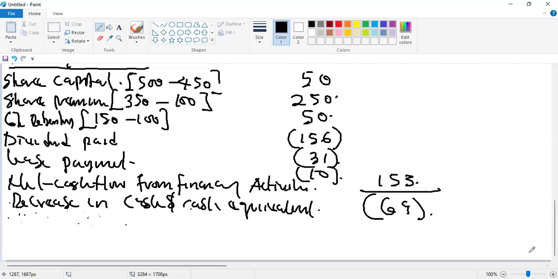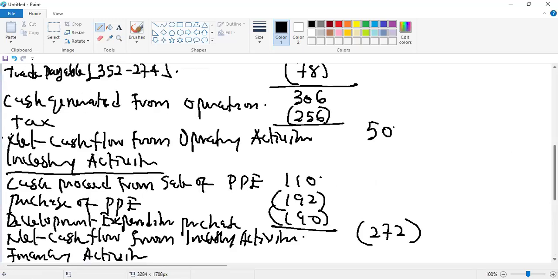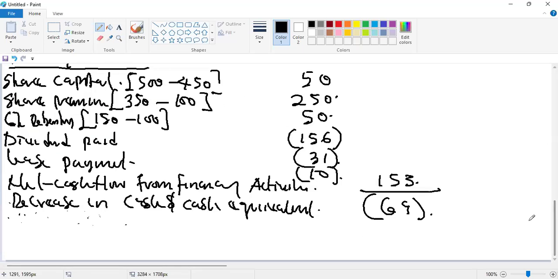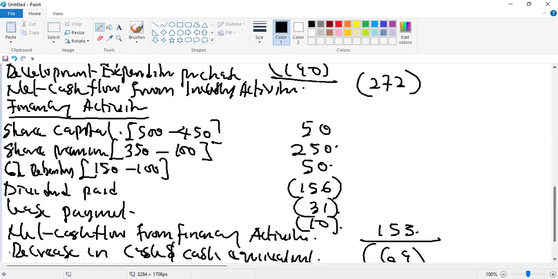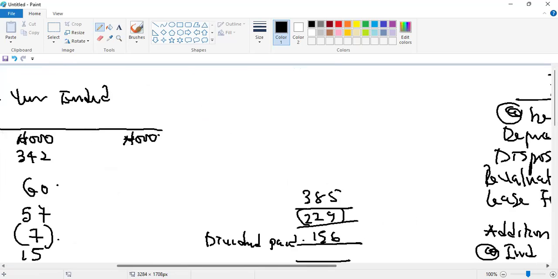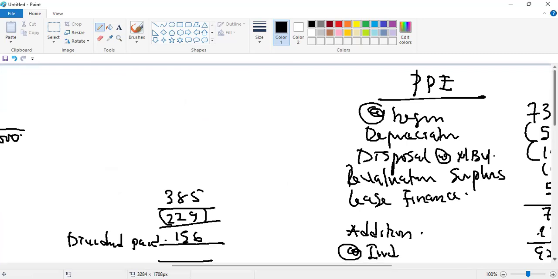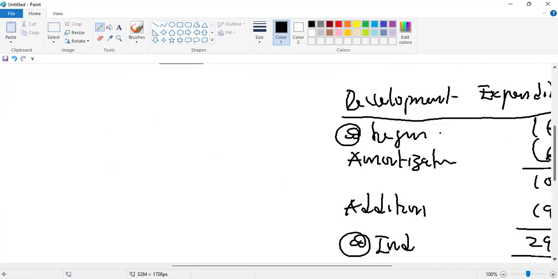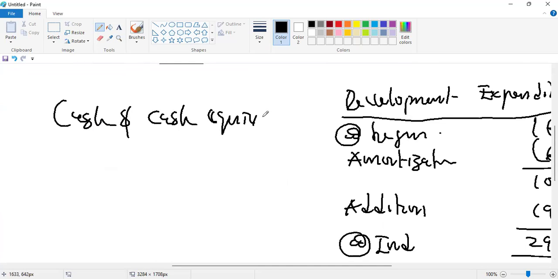Let's do our cash and cash equivalents, 2007 and 2008.